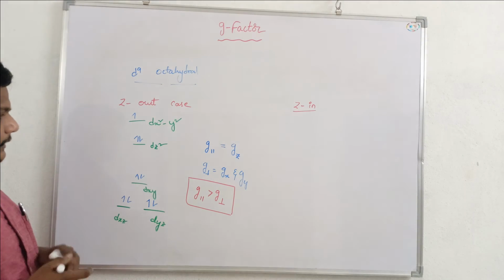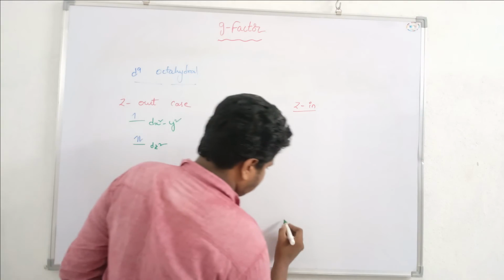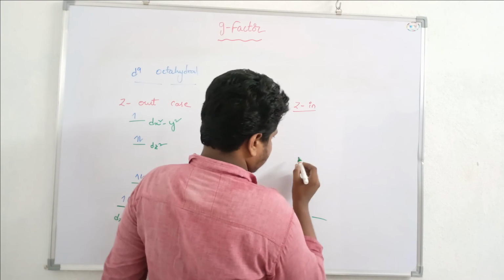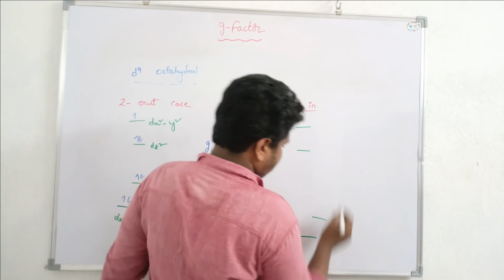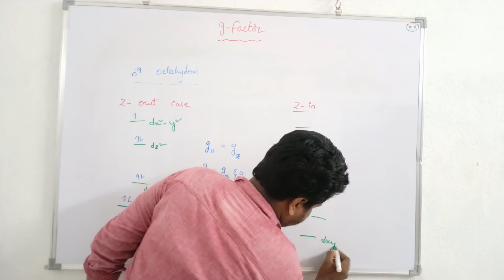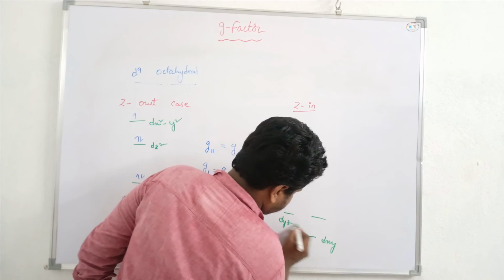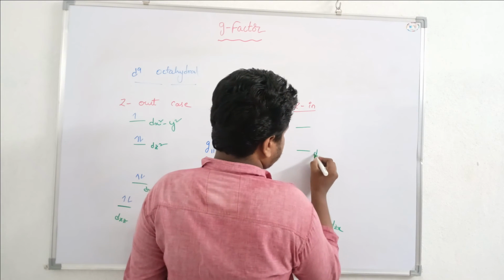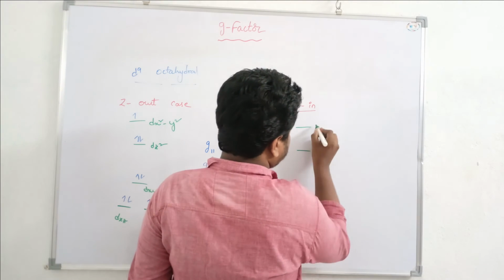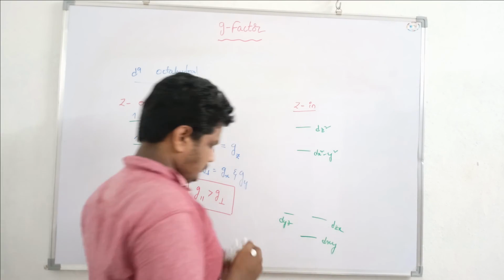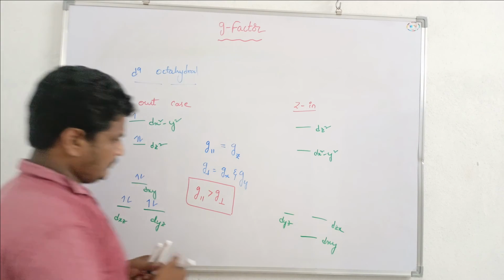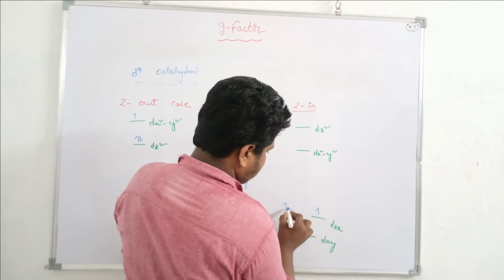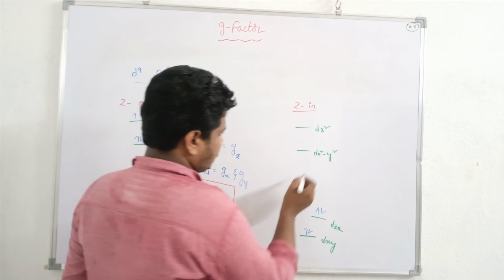So here in this Z in case, these are the orbitals: dxy and dyz, dzx, and dx square minus y square and dz square. Here we have 2 electrons in the dxy and there are 6 electrons up to now.